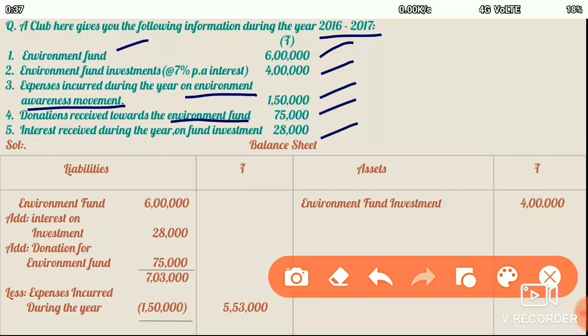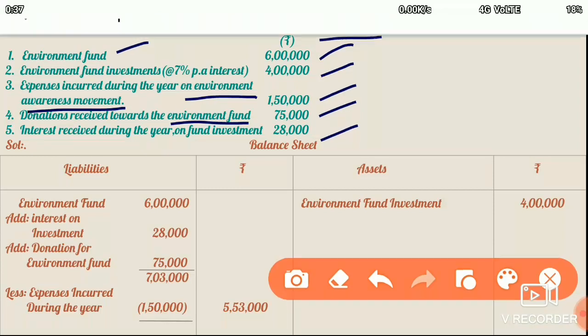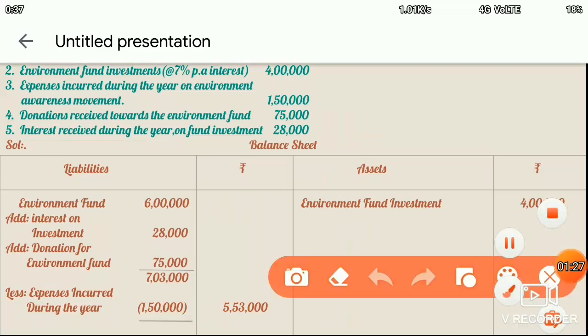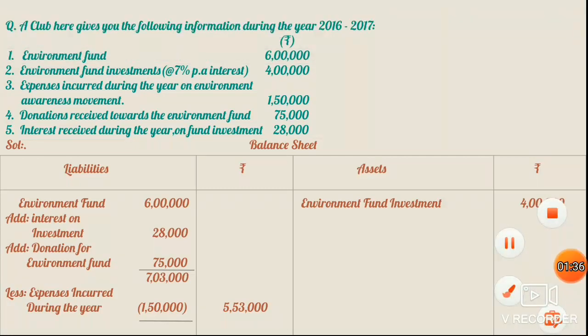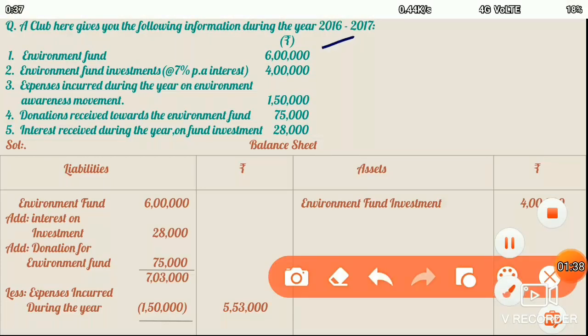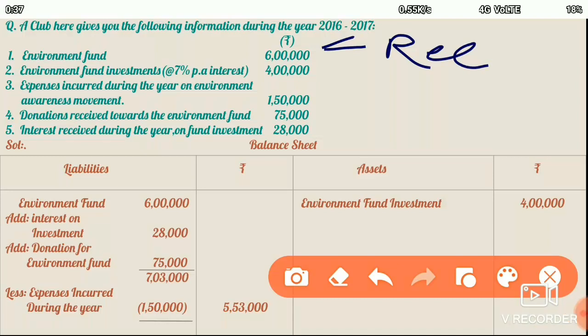Now, if we have to show this information in our receipts and payments account, it will appear like this. 6 lakh rupees will be shown towards the receipt side.